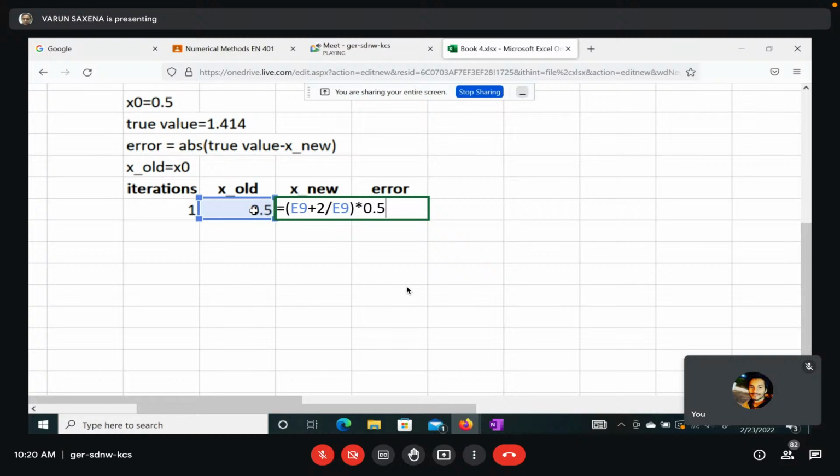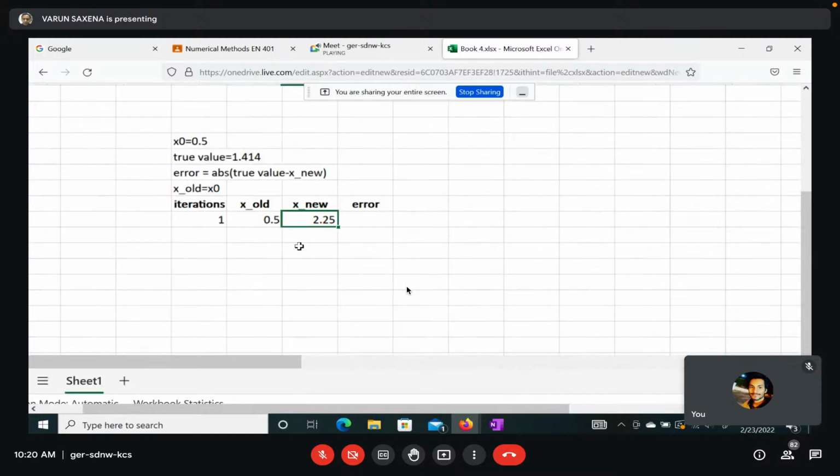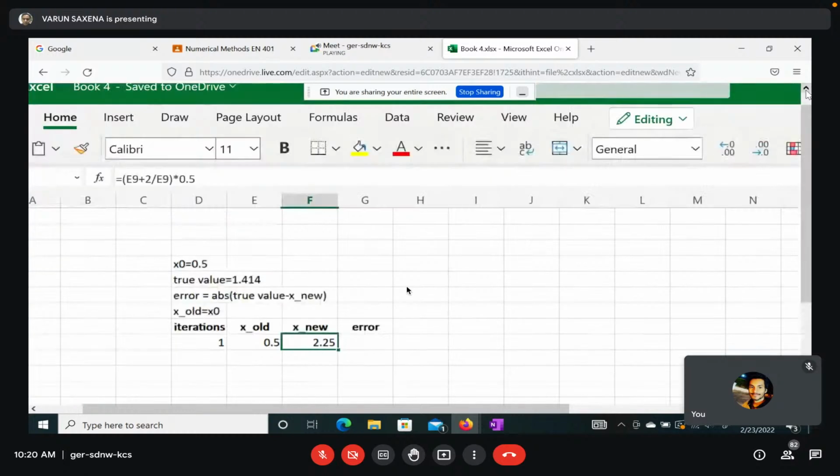When I do that, I've set up a formula and I'll just press enter, and I get a value. So this is x new, right? You can see the formula written over here.